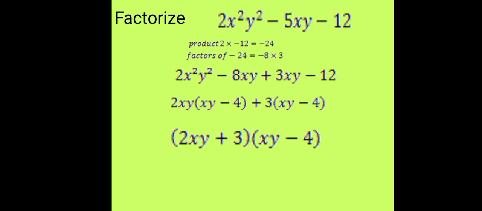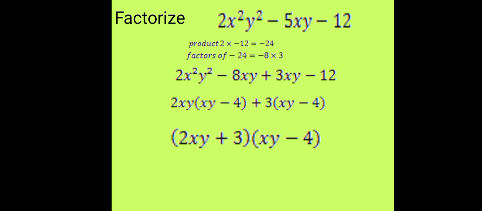Factorize. To factorize that equation, remember that we have to get the product of a and c. All quadratic equations are written in the form of ax squared plus bx plus c.